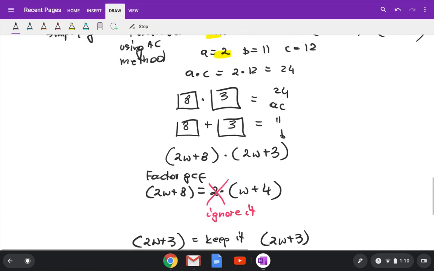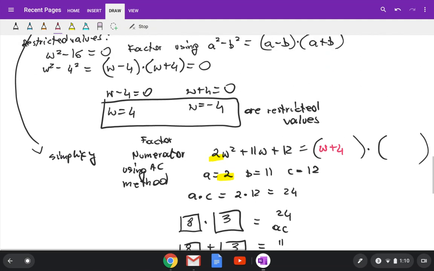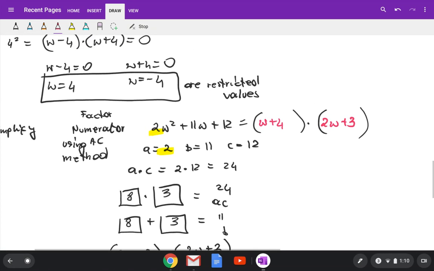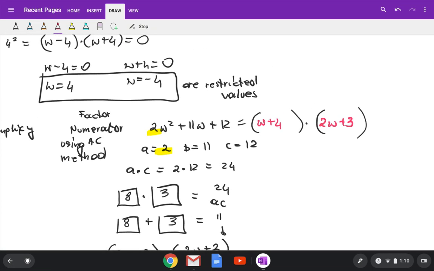So our second factor will be 2w plus 3. So when you factor quadratic equation, when the leading coefficient is different than 1, so usually that 2, which is a, you only see that in one parenthesis.